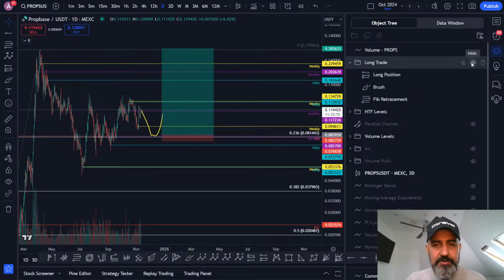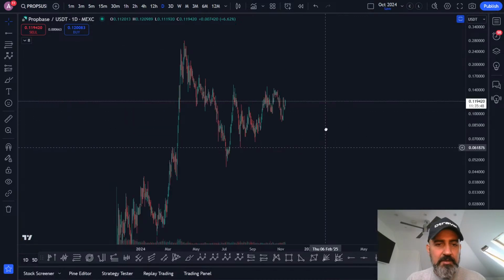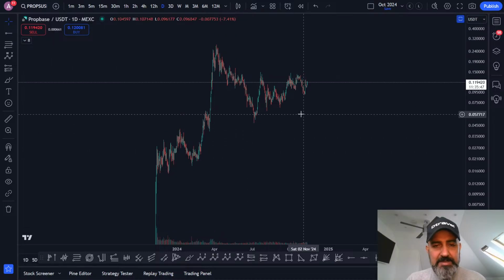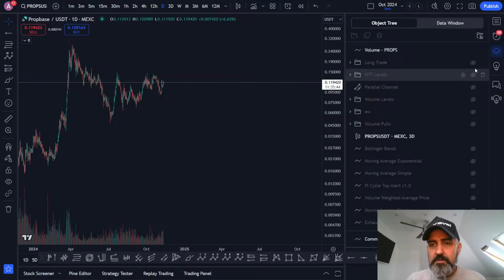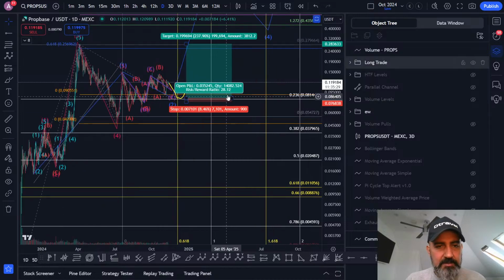Yeah, that's a really good level there. I like that. I've set an alert. So that's an amazing trade. This one. There. And that actually would complete this EW potentially.